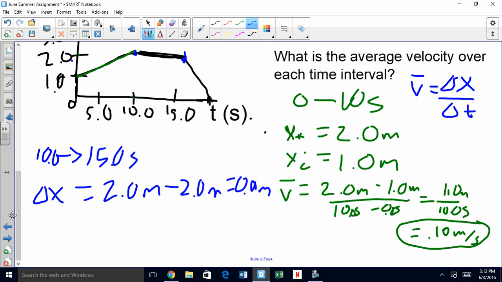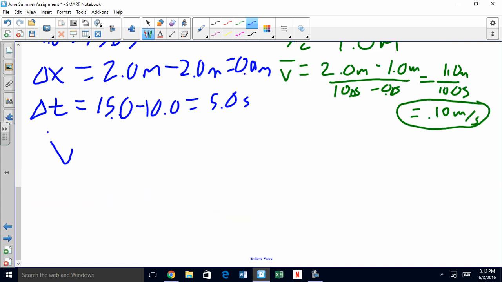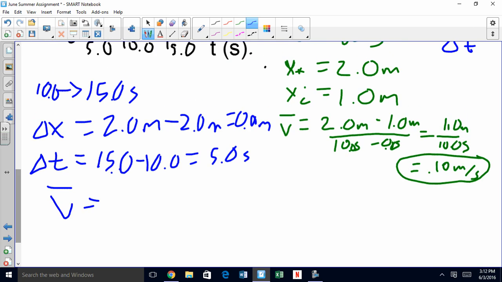And then if I look at delta t, well, that would be 15 minus 10, which would be 5 seconds. And then if I did v bar, I would have delta x, which is 0, divided by delta t, which is 5 seconds. And obviously that would be 0 meters per second.